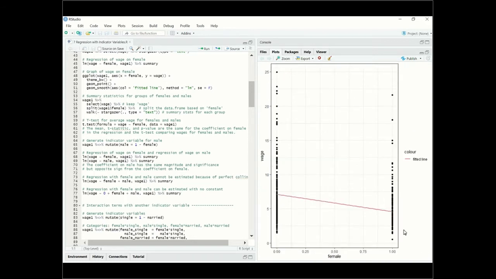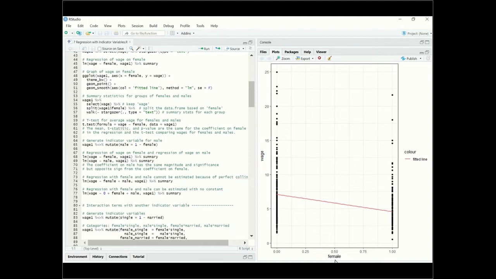So what we are seeing here is basically the regression line that we saw here. The intercept was 7 point something, and then the slope here was the negative 2.51. Notice that the data is basically clustered at 0 and at 1 because on the horizontal line we have female.